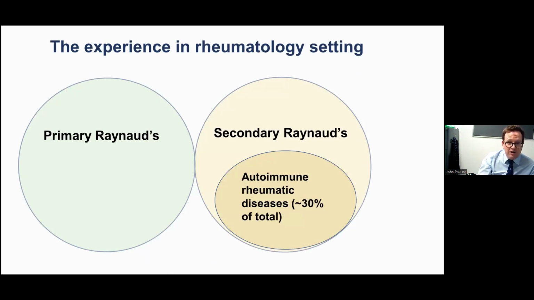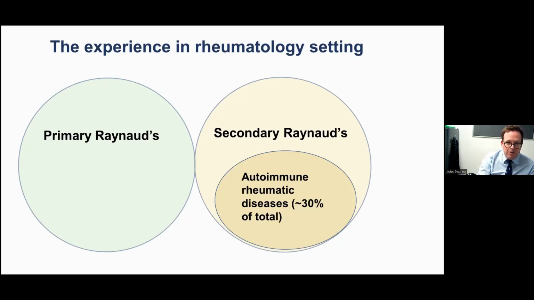And I think for that reason, doctors in secondary care and rheumatology units such as our own, when we see primary Raynaud's, we'll often see the more severe end of the spectrum where the referral has been prompted by the GP harbouring concerns that these patients might have an underlying health condition that's driving their disease. And about 30% of the total number of referrals to ourselves will actually have an underlying autoimmune rheumatic disease.